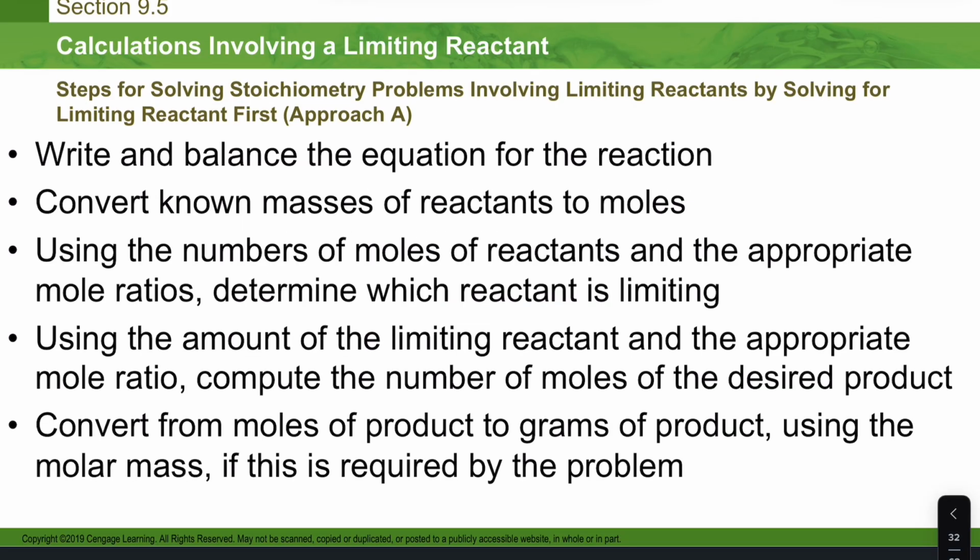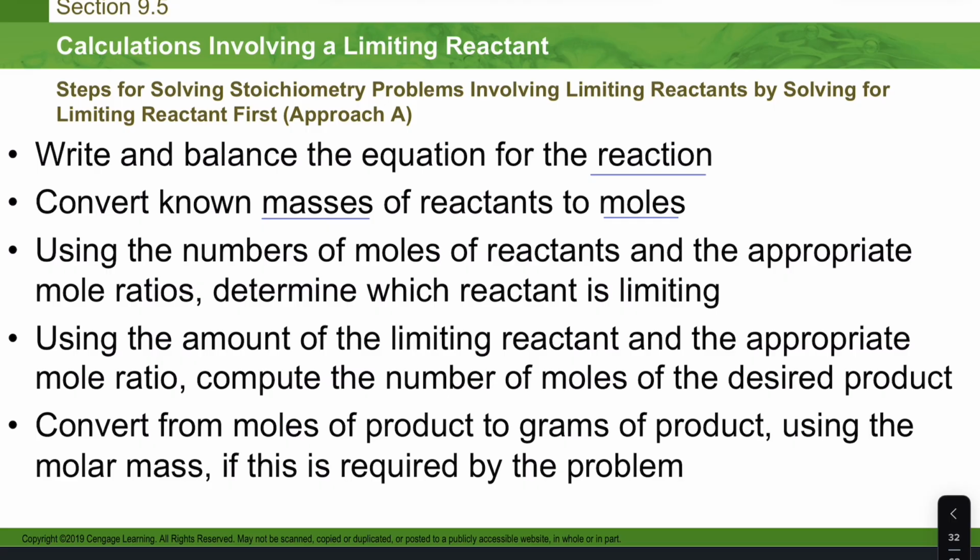Okay, so the steps to find the limiting reactant are this. You want to write and balance the equation for the reaction. If you don't know what the reaction is yet, you need to write it out, and it needs to be balanced. Then, take whatever masses you have of your reactants and convert those to moles.